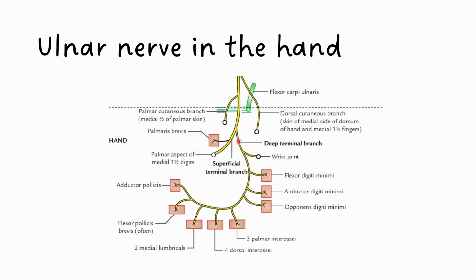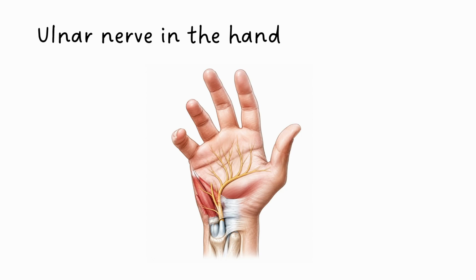Just distal to the pisiform bone, the ulnar nerve divides into its terminal branches, the superficial and the deep branch. The superficial terminal branch supplies the palmaris brevis muscle and provides sensory innervation to the skin on the palmar surface of the medial 1.5 fingers.